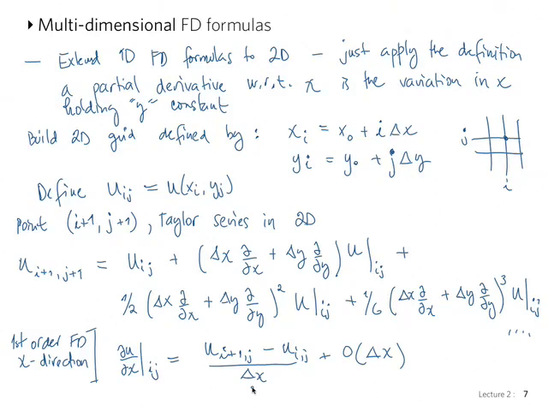For example, let's see, a central difference in x. Central difference in x would be du dx at i comma j, and we want a central difference, but we only change the first index, and it's central, so we look at i plus 1 and i minus 1, comma j. j doesn't change.